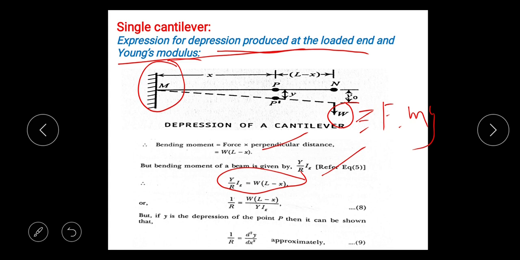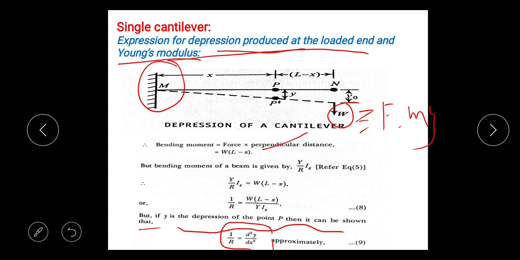Again rewriting this, take Y and Ig to the right hand side. They come to the denominator of the right hand side, so the left hand side becomes only 1 by R. If Y is the depression of the point P, then it can be shown that 1 by R is equal to d square Y by dx square, where R is the radius of bending and dy by dx is the slope.